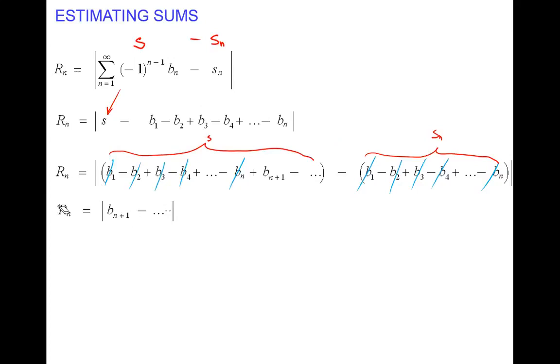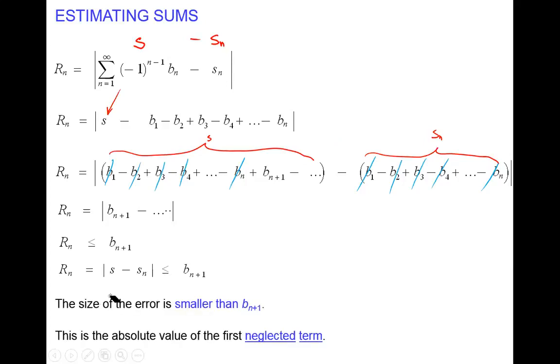We can see that the remainder, which is the error, is equal to b sub n plus 1 minus the other terms. However, by subtracting more terms, I am making my error even smaller. That means my error is definitely less than the next missing term. This is a really nice property.